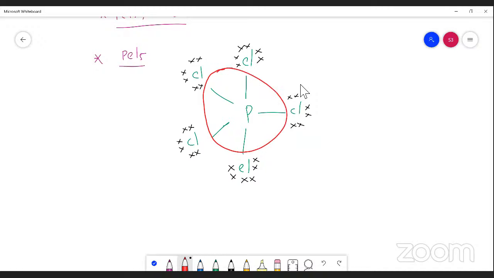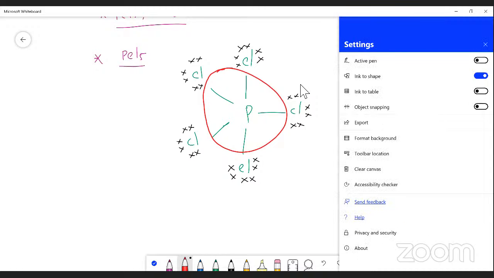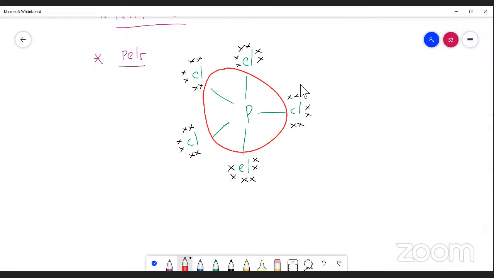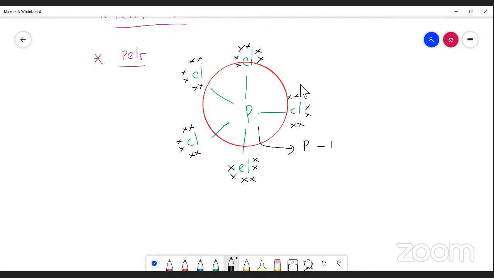So phosphorus is surrounded by 10 electrons, so that it is a superoctet.